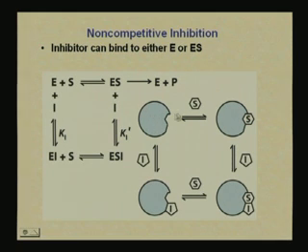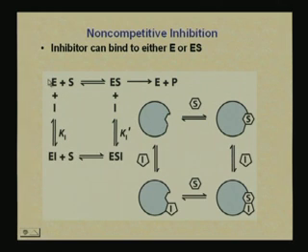We have the enzyme and we have the substrate. Then we form the enzyme substrate complex. This enzyme substrate complex can bind the inhibitor, and so can the enzyme itself. In competitive inhibition, we did not have this extra part here. So, we do not have a ternary complex in competitive inhibition, but in non-competitive inhibition, we do.